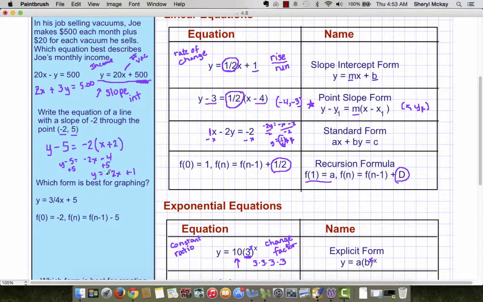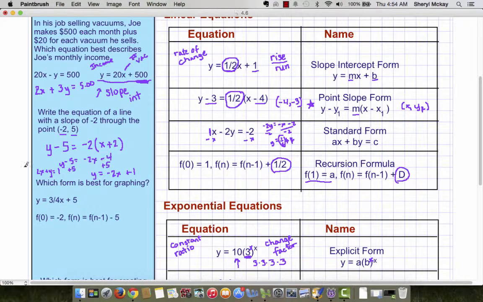Or if I wanted to put it in standard form, instead of adding the 5, I could add the 2x, add the 5 and add the 2x, and I would have 2x plus y equals 1.